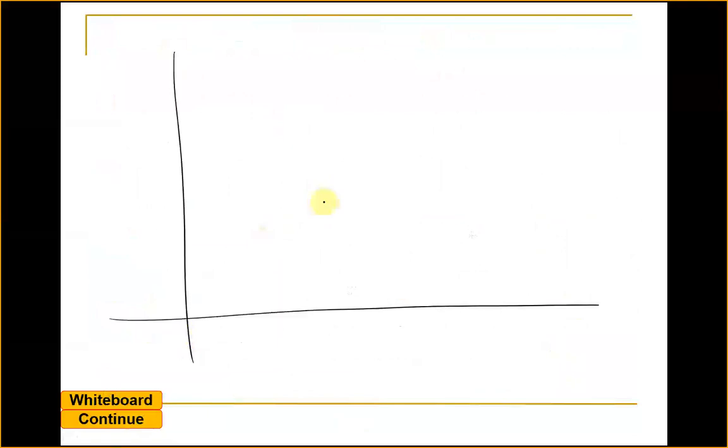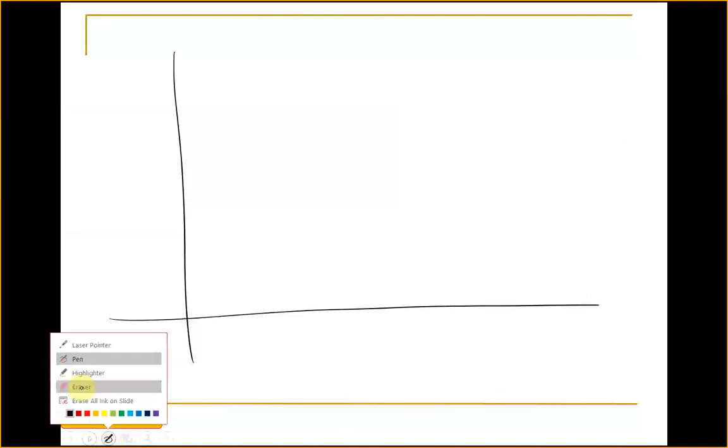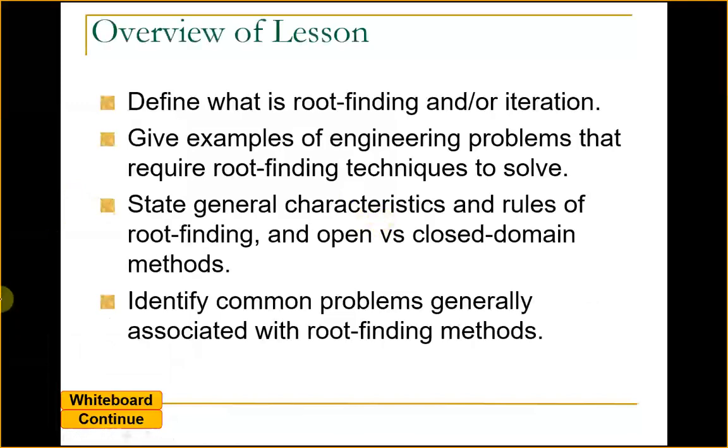Alright, so I want you to imagine here we have a function where, let me move the x-axis a little bit higher. Oops, sorry. That wasn't supposed to happen. Let's try it again. Okay, good.